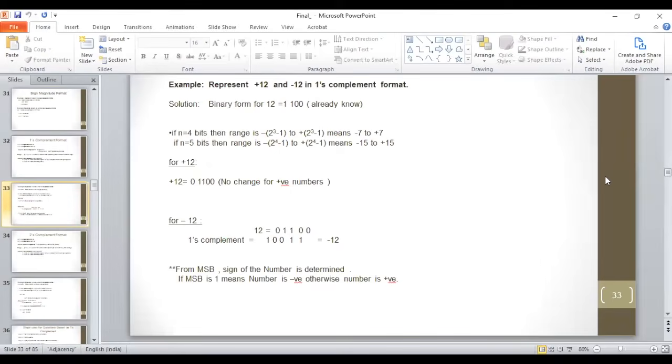Now, one question was asked by one student of mine many years back. He asked me, sir, can we say plus 12, can we say minus 3? And the same question was asked today also. So this is a general question. But you have to remember that when we're talking about 0 to 15, when you're moving more than 8 and less than 15, you're talking about 4 bits.